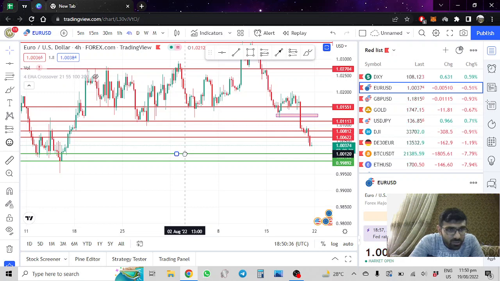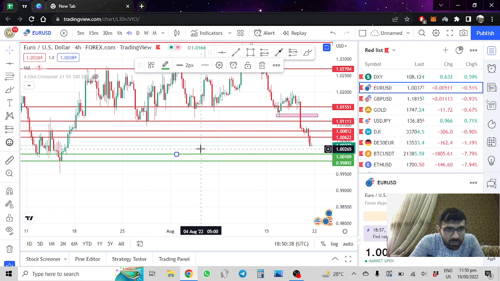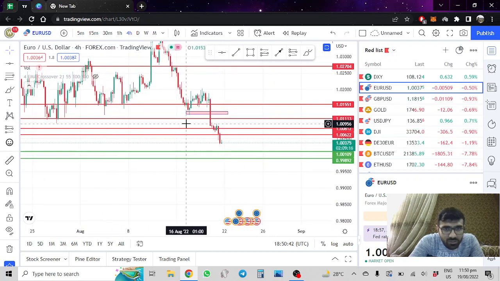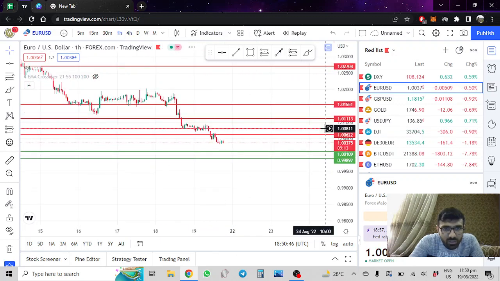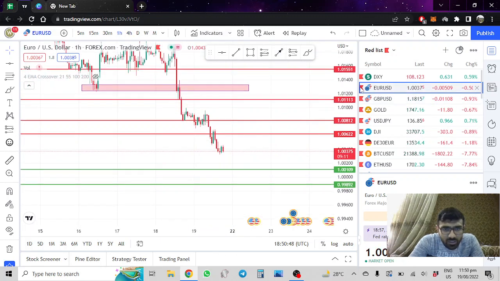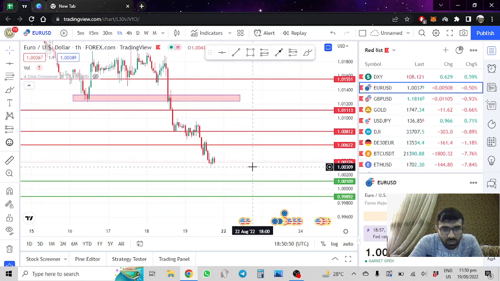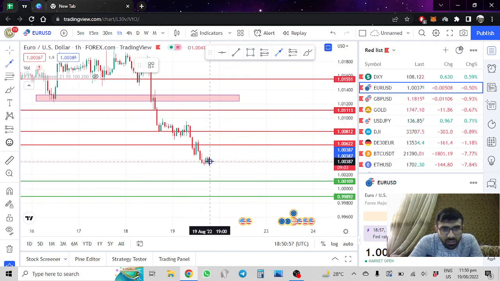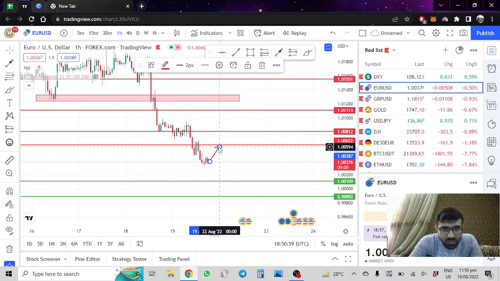So this area has been respected before as well. What I am expecting currently is, let me open the 1 hour chart and give you all the scenarios.